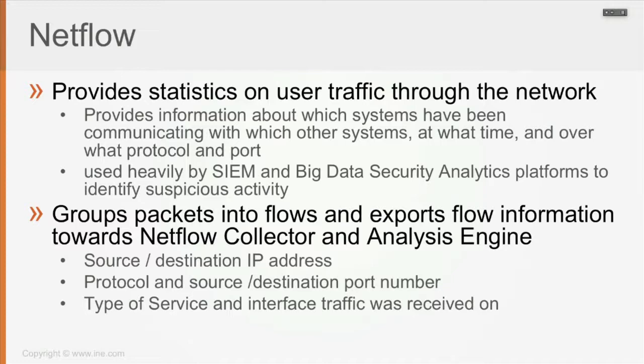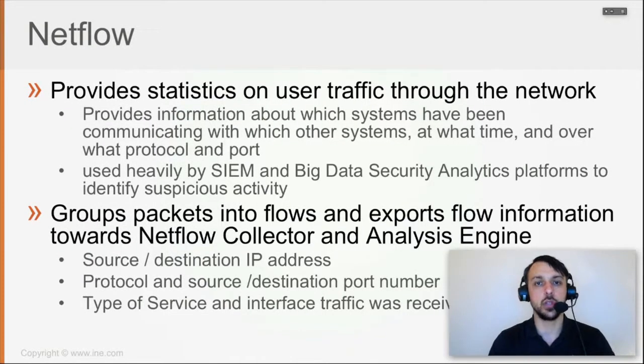Within that export that the router sends to the Netflow analyzer or collector, it's going to identify each such flow with the most commonly used attributes: the source and destination IP addresses, source and destination port numbers, the protocol, the QoS type of service level, and on which interface it was received. And of course it can collect a lot of information and attach that to the export of the flow for that session.